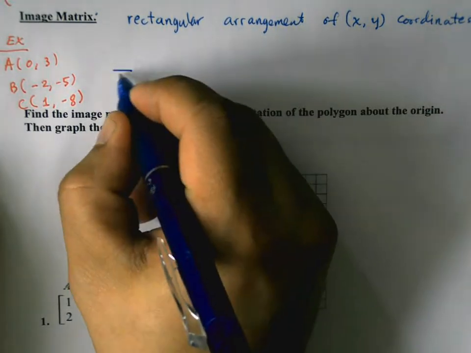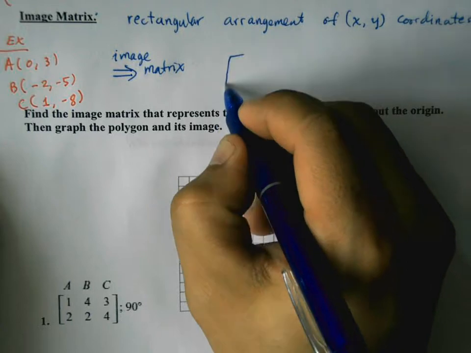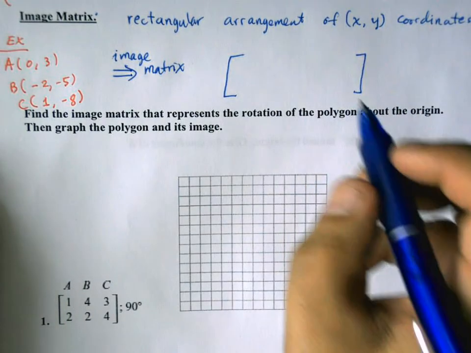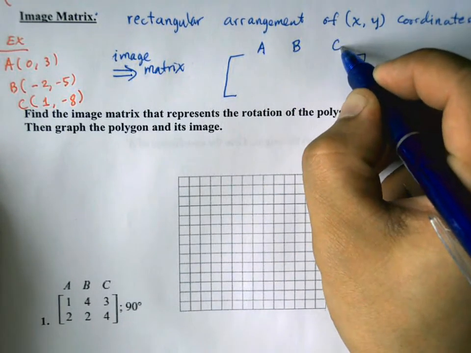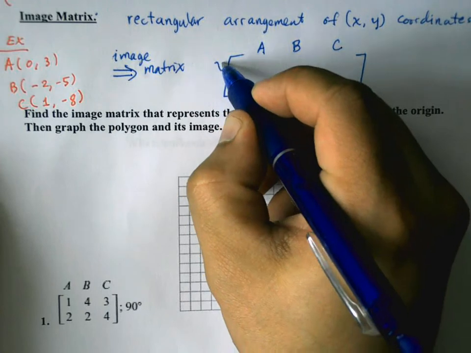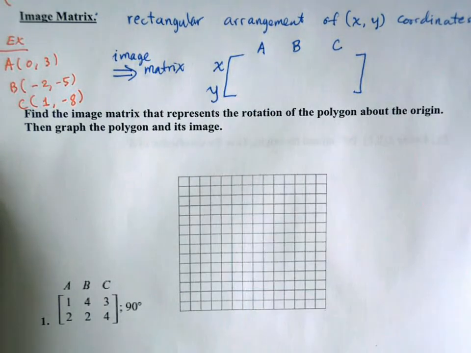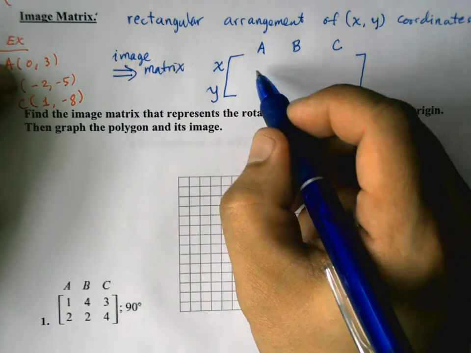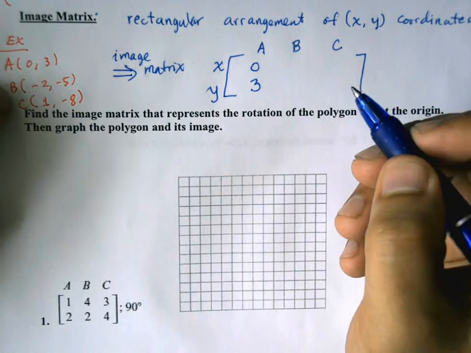Now, for us to convert this into an image matrix, we make a sort of rectangular box with these square brackets, and we're going to label the points along the columns here. The first row is going to be the x-coordinates, and the bottom row is going to be the y-coordinates. So A, 0, 3 will be represented as 0 for the x-coordinate, 3 for the y-coordinate.